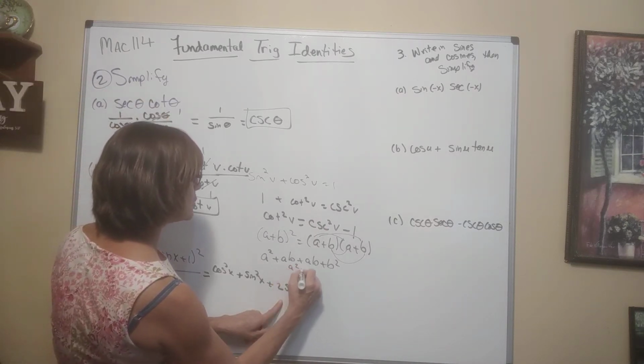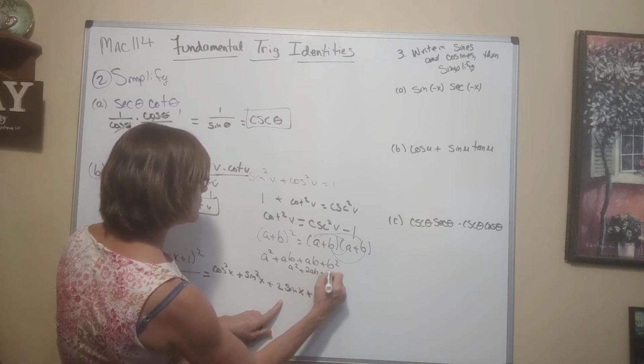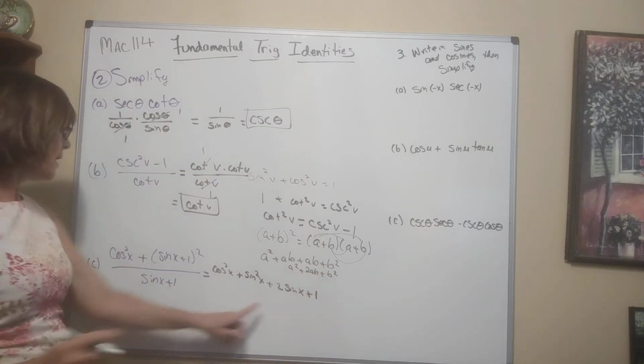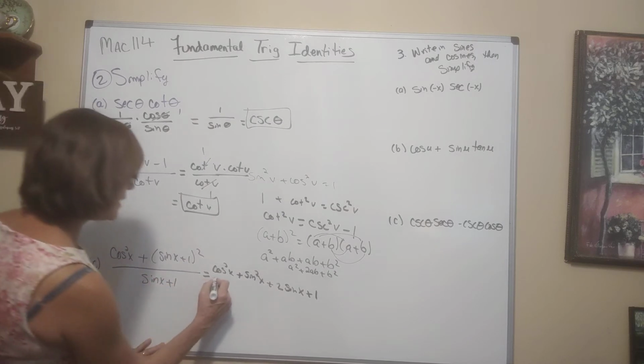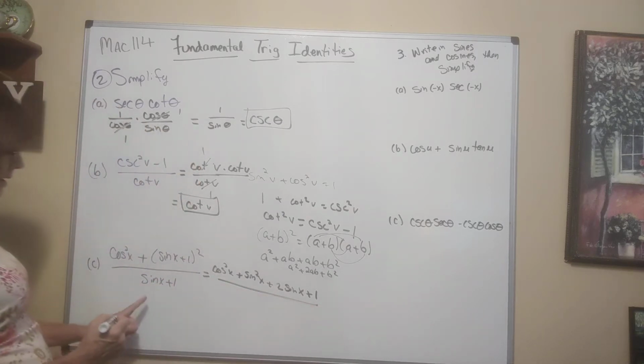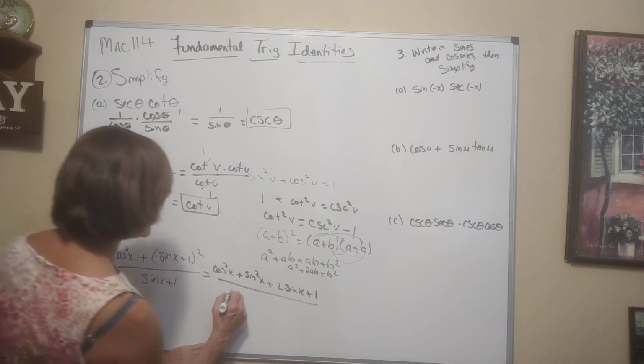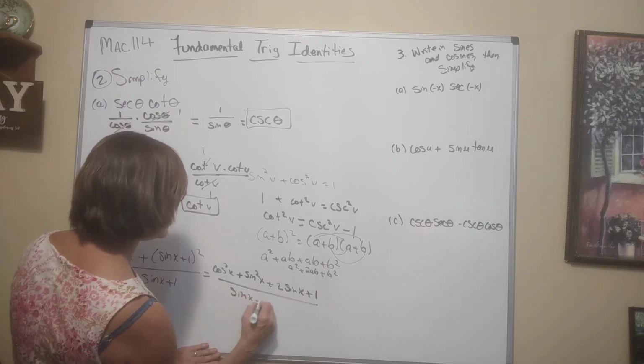This is a squared plus 2ab plus b squared. Okay, that's what I get in my numerator. And then down here, it's the same thing, over sine x plus 1.